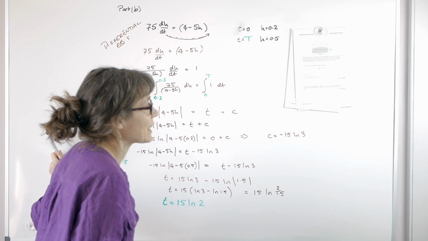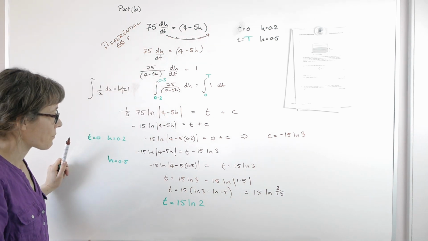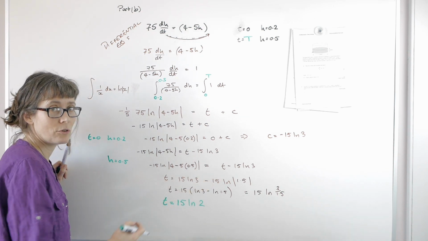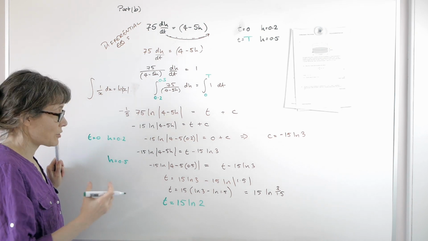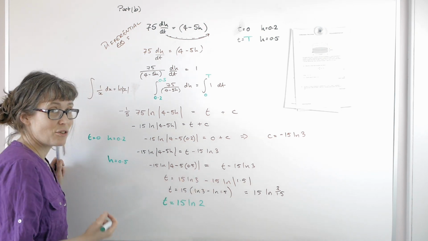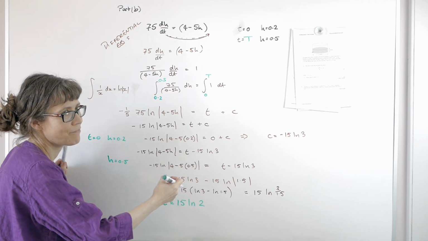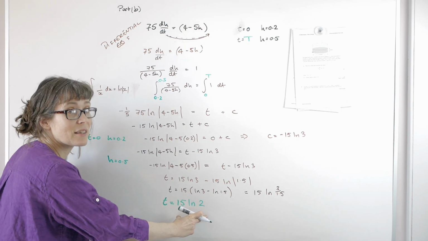There's quite a lot of marks for that, 6 marks, because it is quite a lot of work. It's tempting at this stage, if you do get lost in your log rules, it might be tempting to put it into the calculator. If your calculator keeps it as lns, brilliant. If it ends up giving you answers that are decimals, a decimal answer is okay.